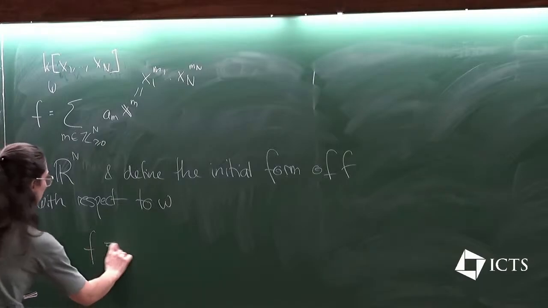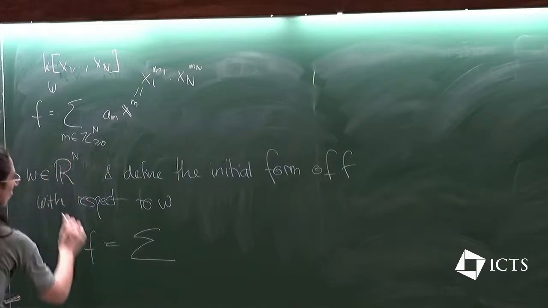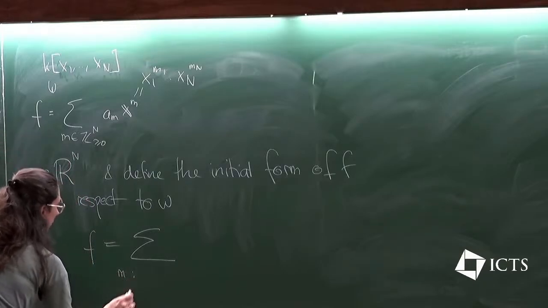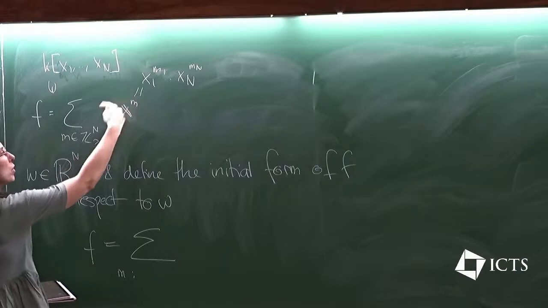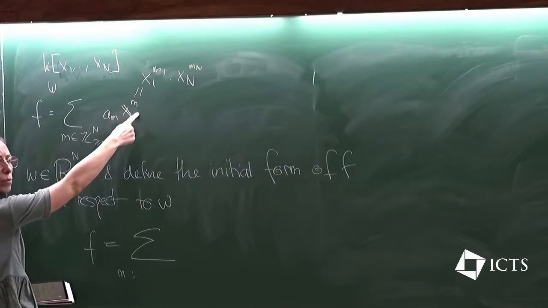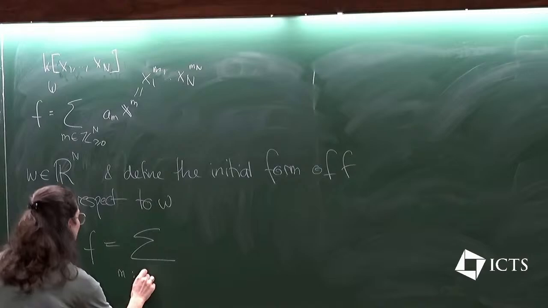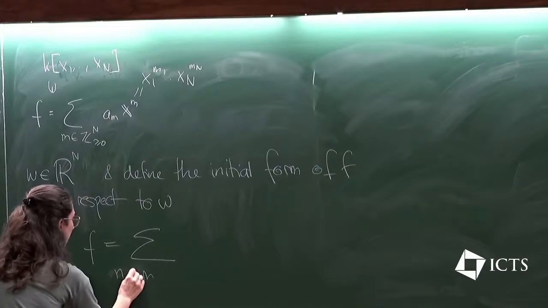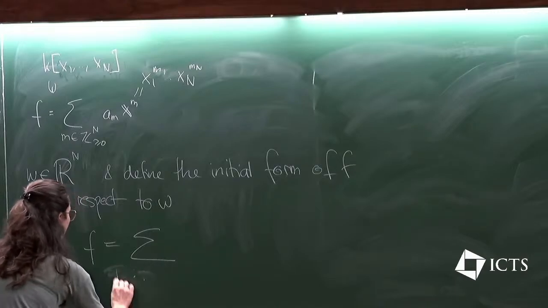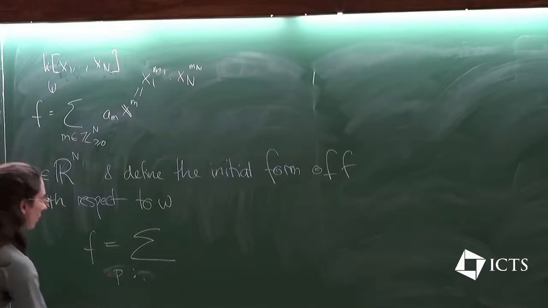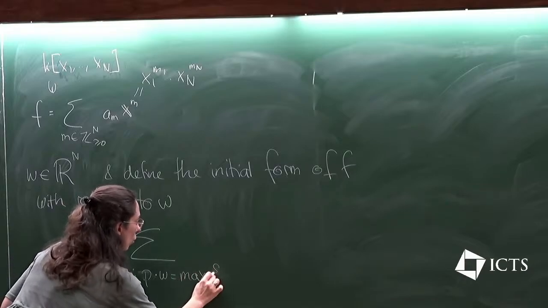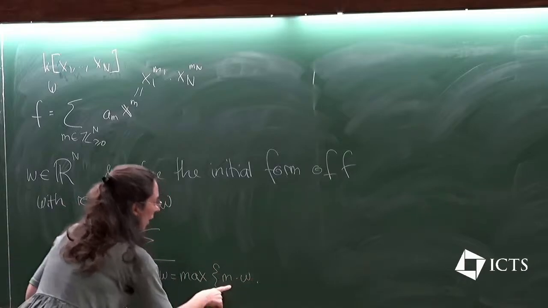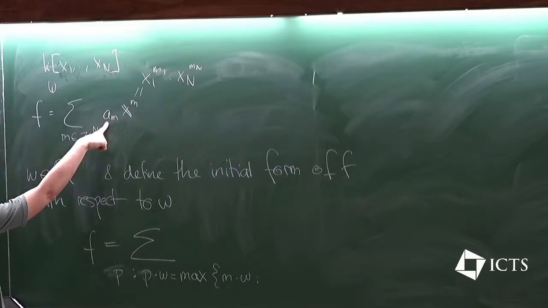So f is going to be the sum over still all lattice points, but now I only pick those such that if I take the dot product with w, what I will get is the maximum of all the possible values that I get for taking dot product with w. So maybe let's call this p. I have so many m's everywhere. So that p dot w is the maximum over all m dot w, and I pick those m that have a non-zero coefficient here.